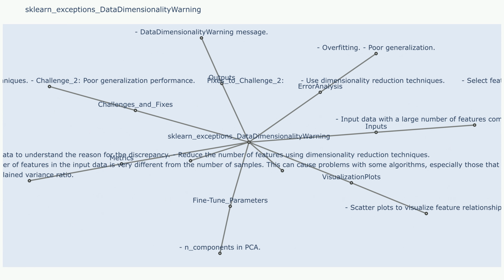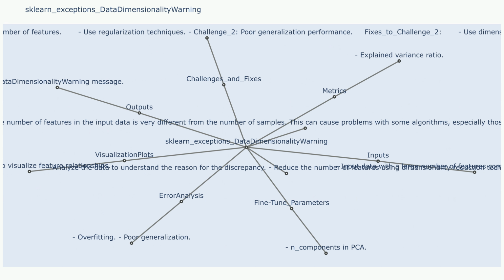Fine-tune parameters. Regularization parameters: adjust parameters in your model, e.g. L1, L2 regularization to control for overfitting and improve generalization. Feature selection techniques: apply methods like feature importance ranking or dimensionality reduction, e.g. PCA, LDA to remove irrelevant or redundant features.